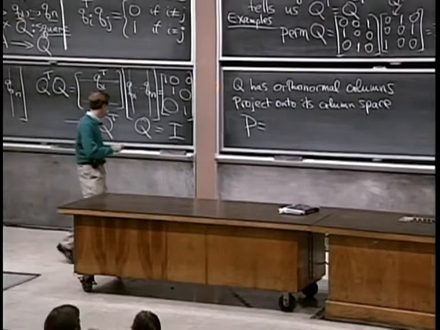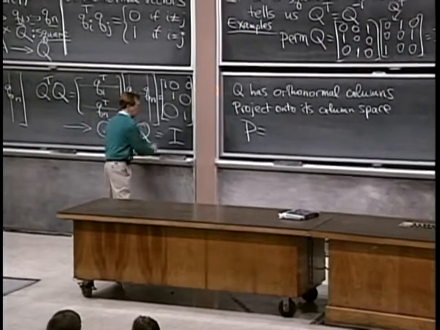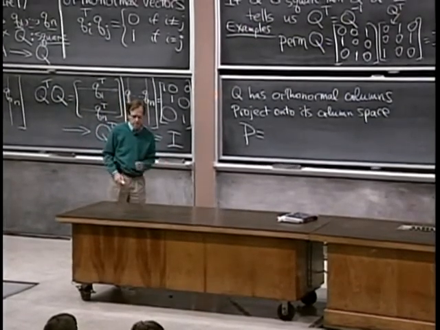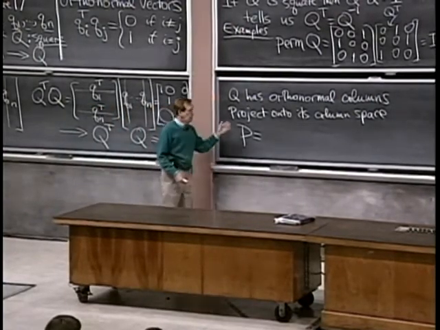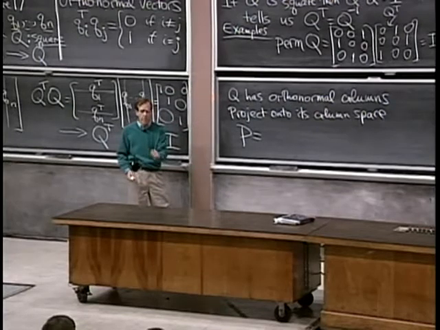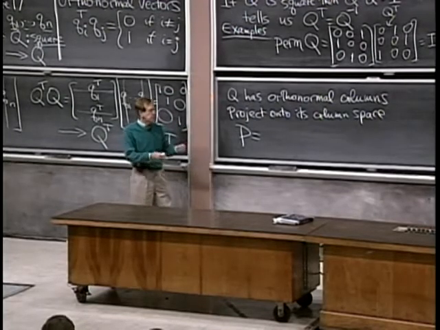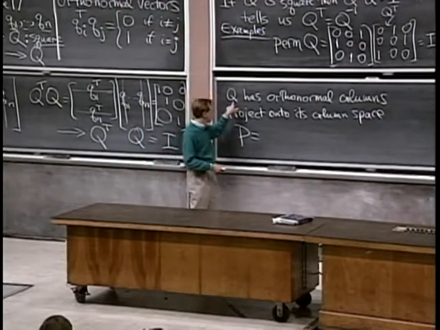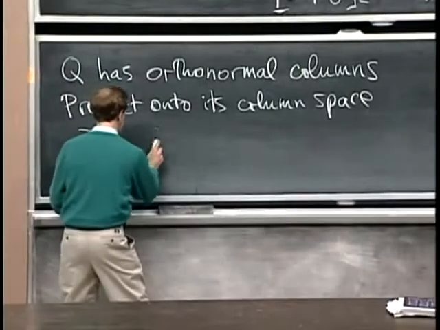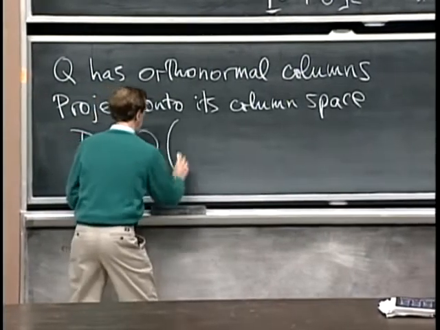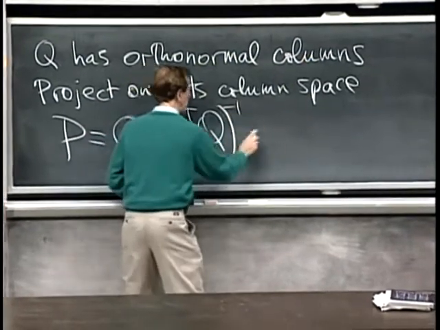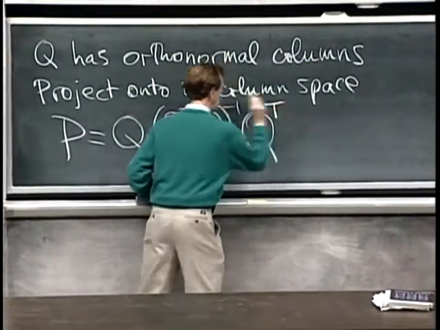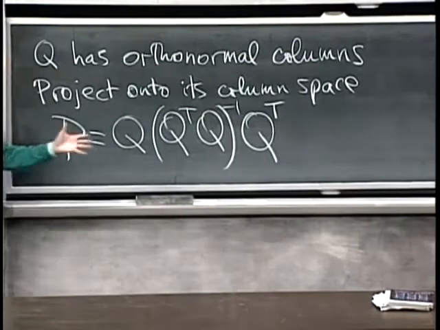Okay, that gives me a chance to review the projection section, including that big formula, which used to have those 4 A's in a row, but now it's got Q's because I'm projecting onto the column space of Q. So do you remember what it was? It's Q transpose Q inverse, Q transpose. That's my 4 Q's in a row.